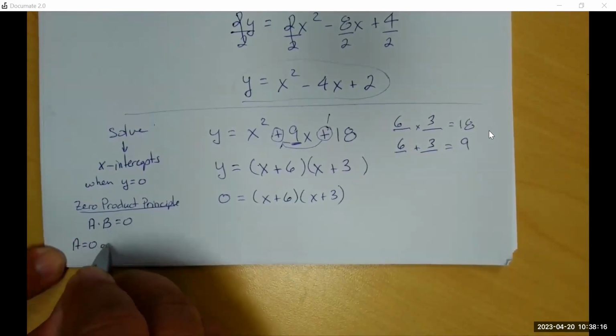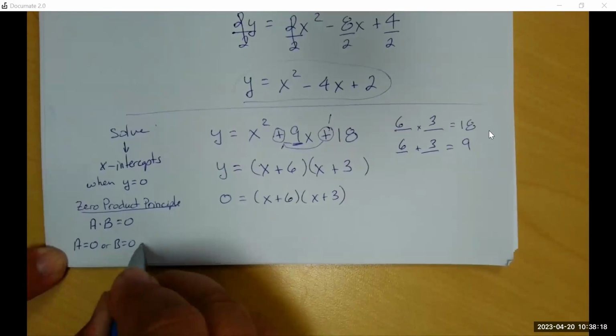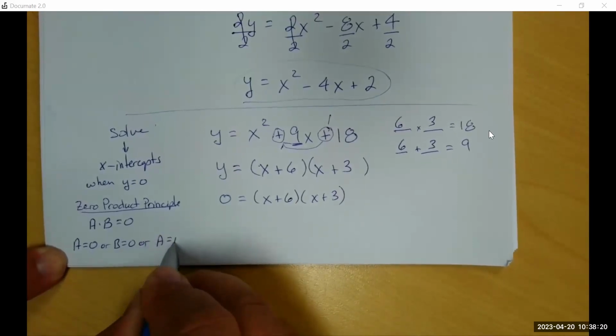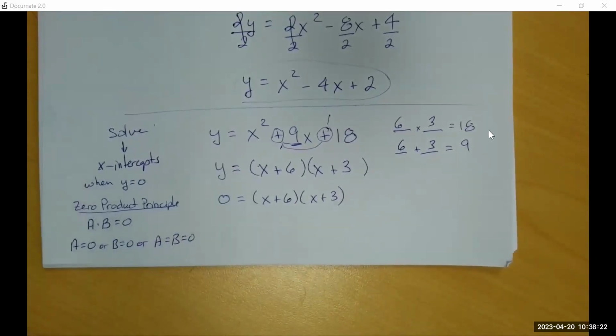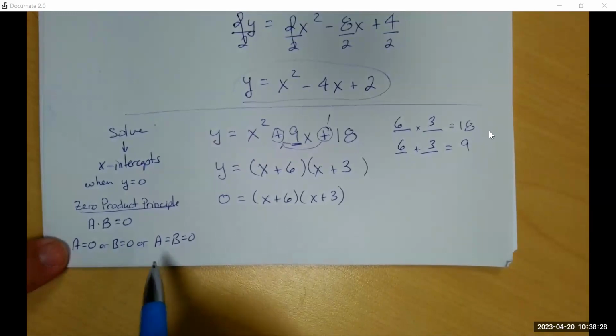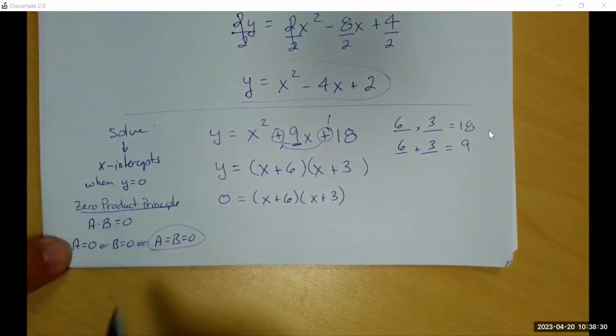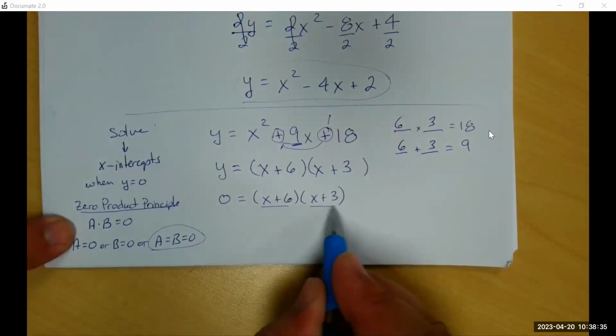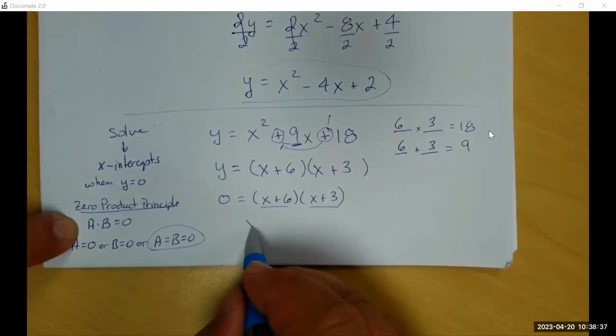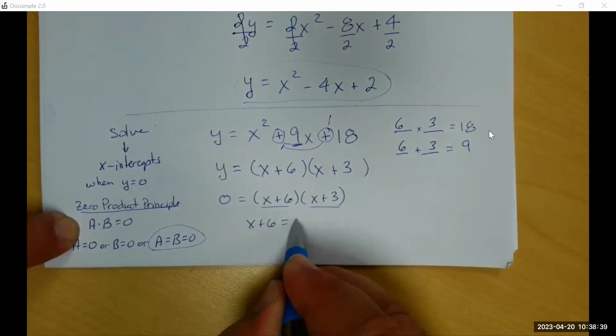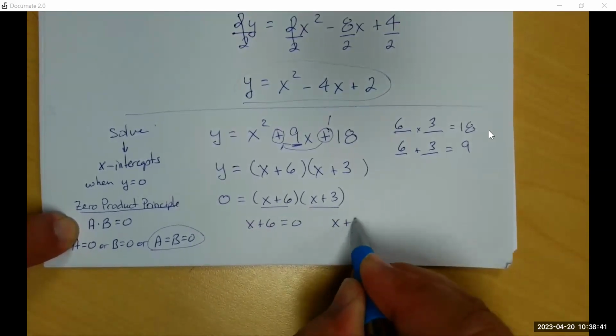Either A equals 0 or B equals 0, or they both equal 0. And since we don't know which one's which, we treat both of them as being 0. So we take both of these equations, since they're multiplied together, and we set them equal to 0 and solve for x.